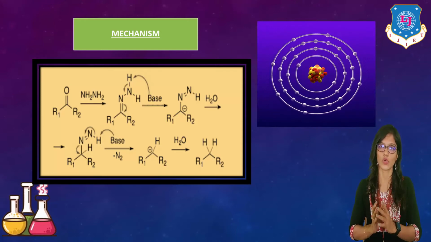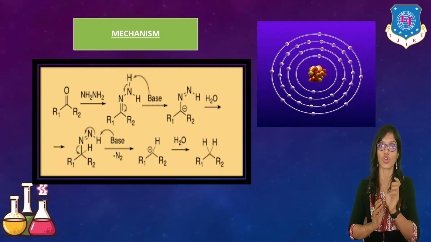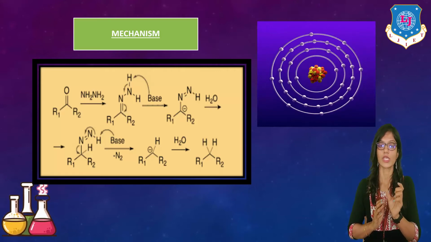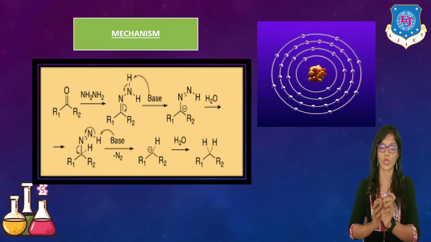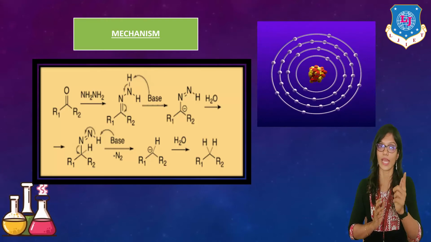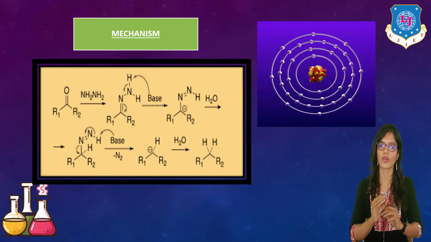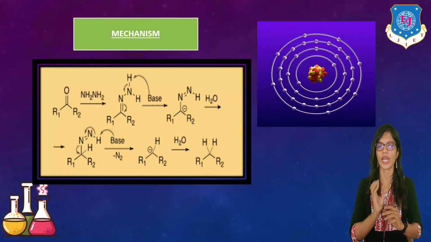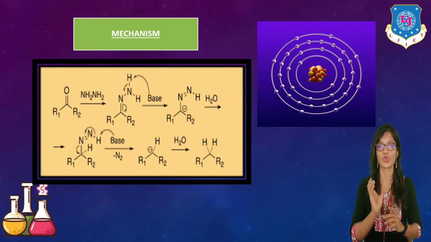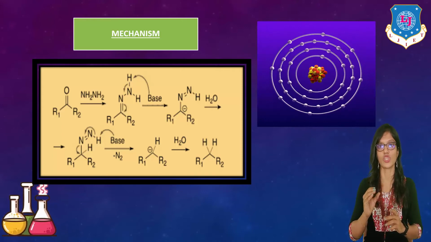As you can see, first of all, a negatively charged species, an anion, will be formed. So R1 carbon R2, that also contains one H but contains a negative charge on itself, right? So it further reacts with H2O. H2O gets converted into 2 parts, H plus and OH minus.